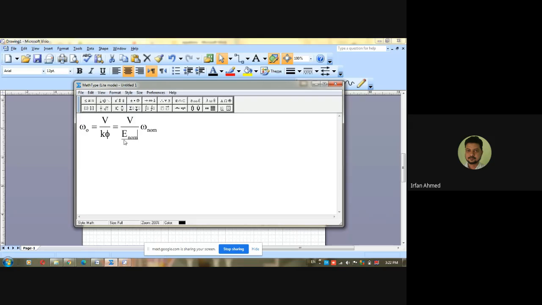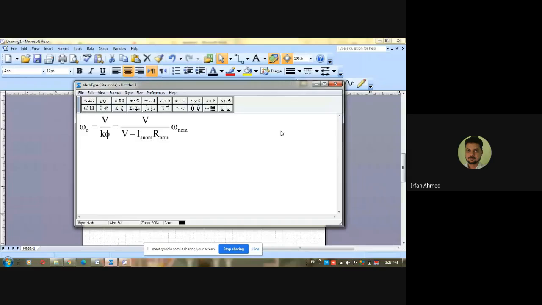Now this E can be replaced by V minus I A R A. Because we are using E nominal, it becomes V minus I A nominal, the rated armature current, multiplied by only the armature resistance, no external rheostatic resistance.